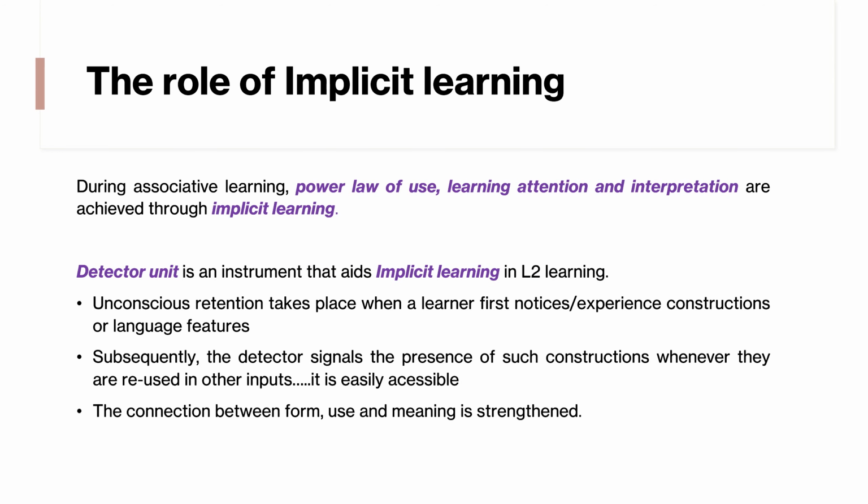From these three constructs that I have discussed, construction, associative language learning, and rational cognitive process, I'm sure it is clear that the role of implicit learning in language is huge. This is because these processes hinge on implicit learning.